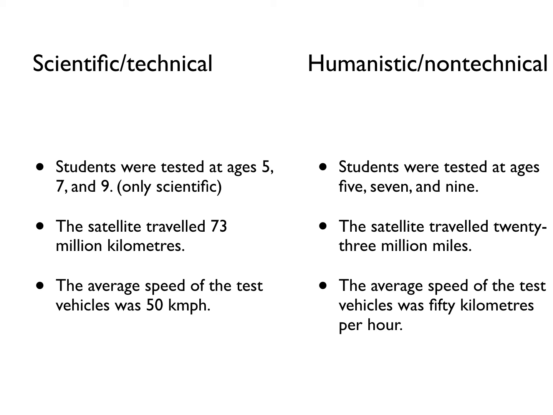But in this case, when you're talking about 73 million kilometers, we can intuit that that's probably an estimated distance. It's probably not precise. In humanistic or non-technical documents, it's likely that you would spell out that type of number.